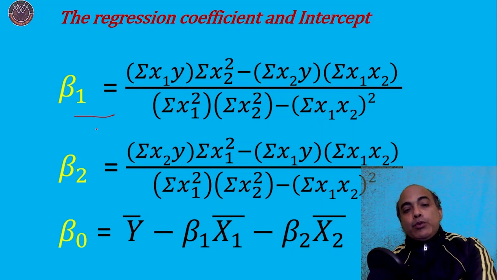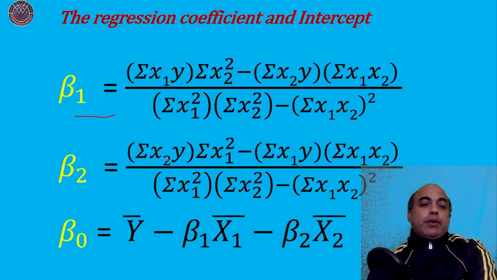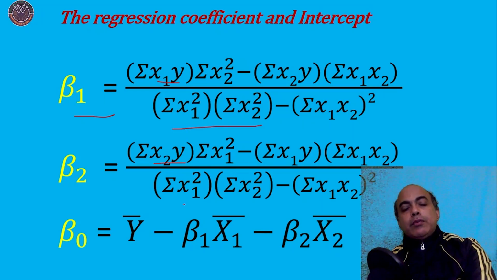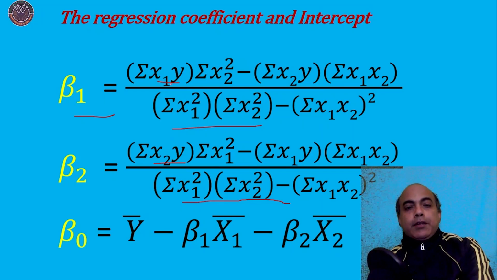Similarly, for beta 2, in place of 1 you put the index as 2 and you will get beta 2. So here x1y was there, now it has become x2y. The denominator is the same. You can see this denominator and that denominator are the same, just in the numerator x1 is replaced by x2 and vice versa.